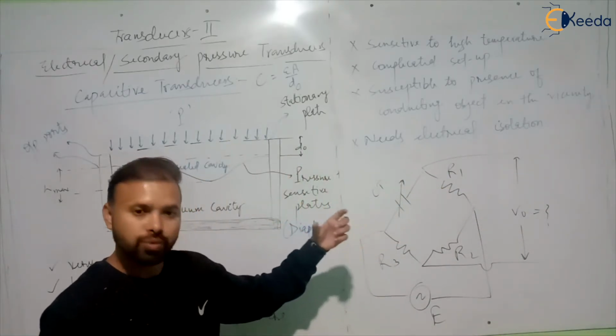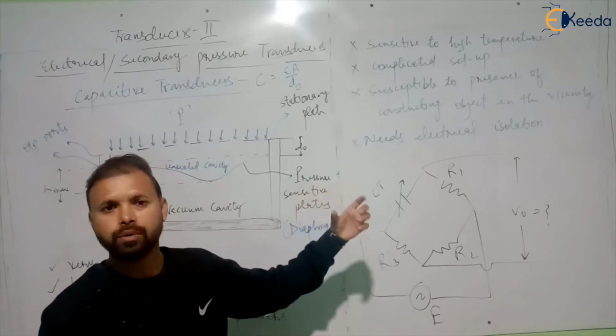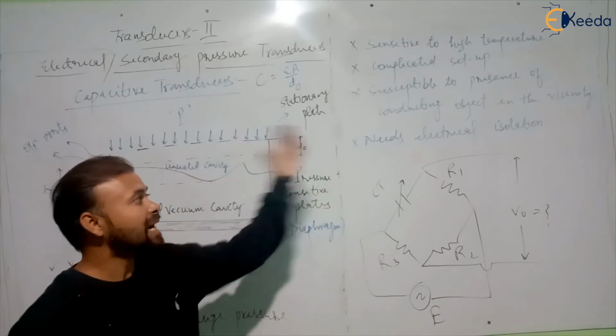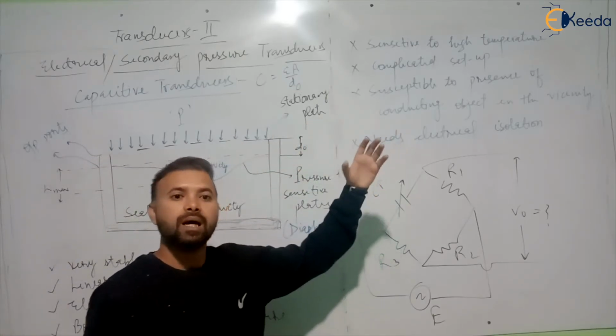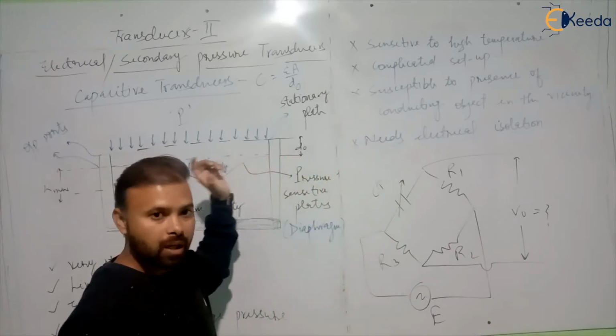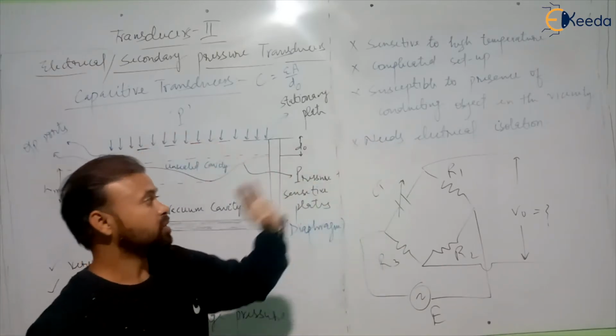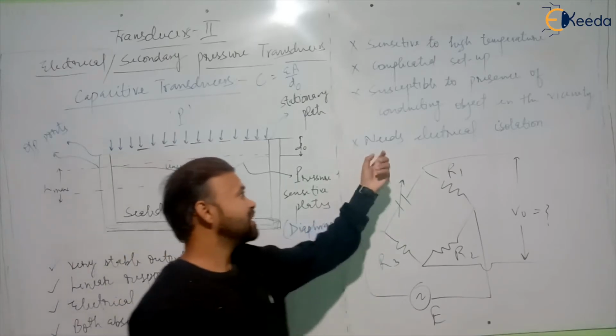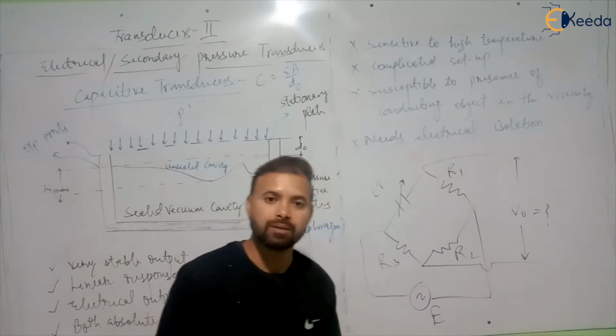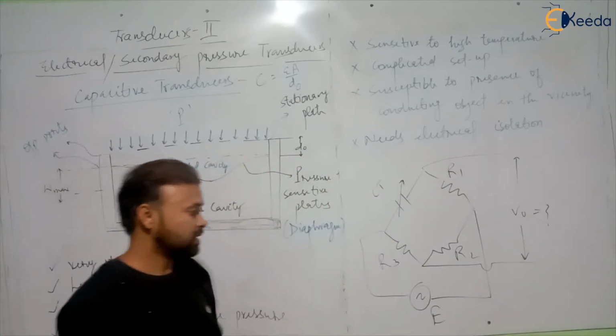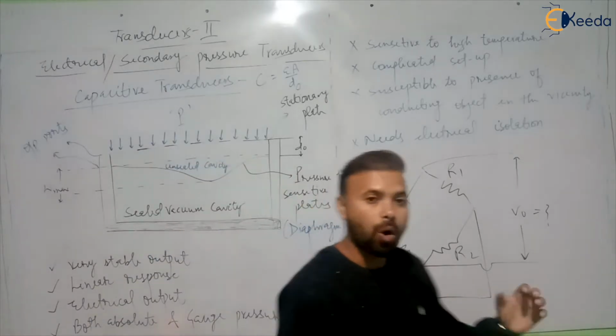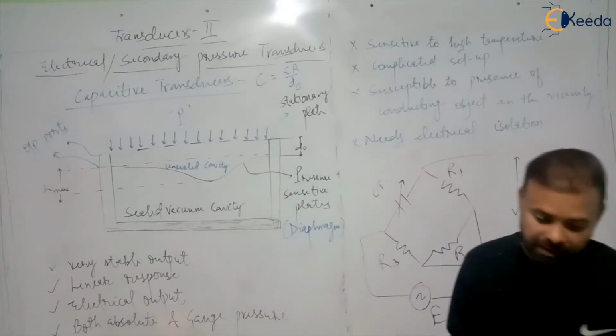So you cannot get the correct output if there is some conducting object in the vicinity of your capacitive transducer, right? So that's why we need electrical isolation for the capacitive transducer. Okay, so this is all about your capacitive transducer.